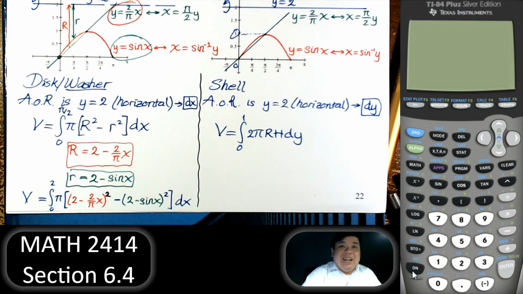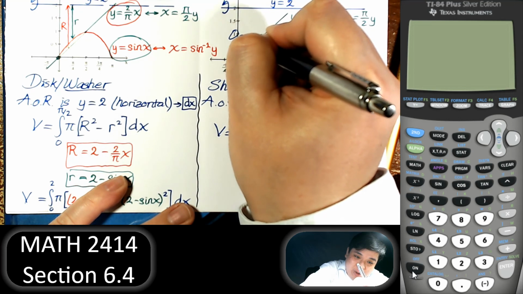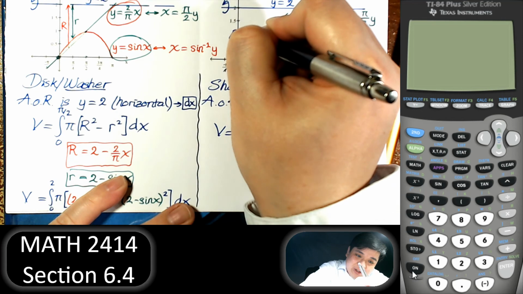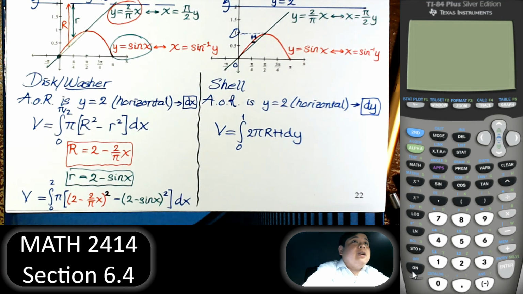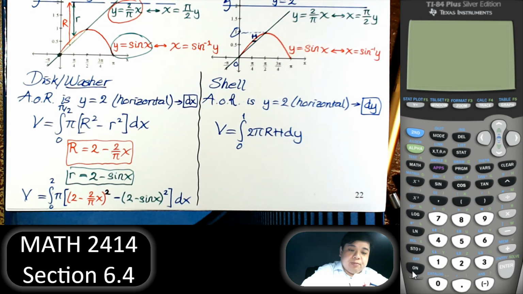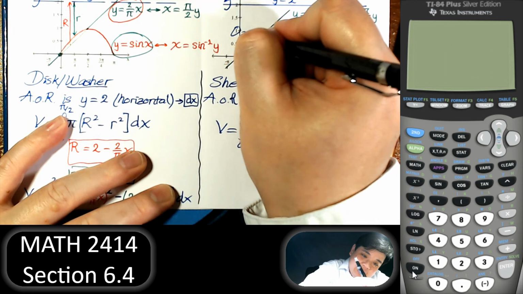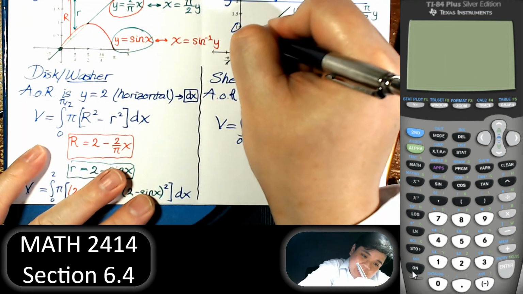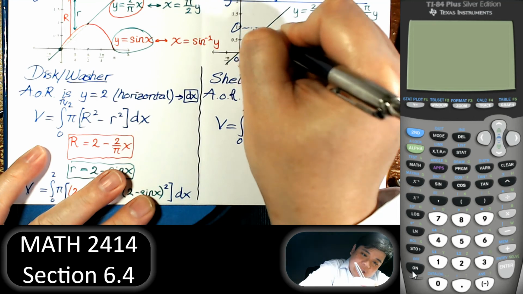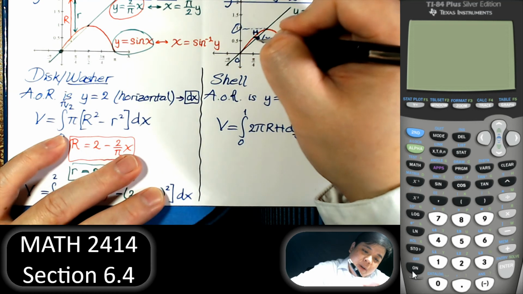In this case, it's kind of small and difficult to determine that. So the axis of rotation is that. We're going to draw a line parallel to it. So very small here. That is h. On the region, parallel to the axis of rotation, that is h. And we're going to pick a point there. That point has the x and y coordinate, but since we have dy, we just worry about the y coordinate.